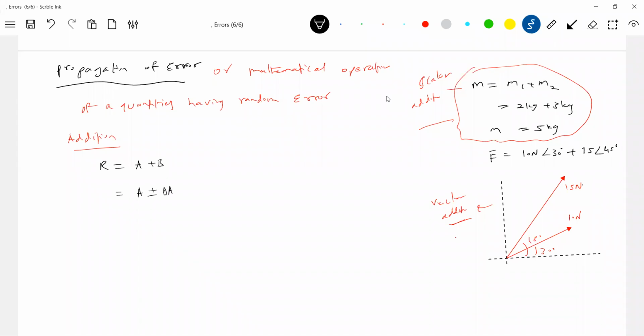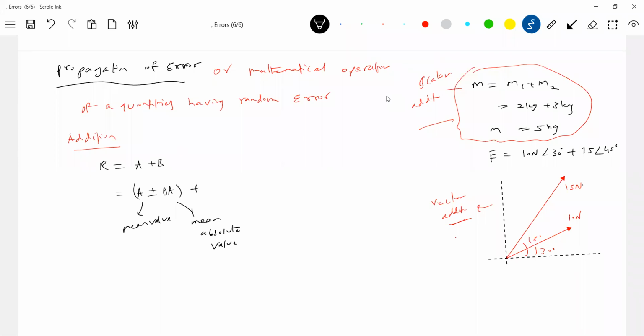Plus or minus delta A. Now what is delta A? Mean value, this is the mean absolute error. Getting the idea?